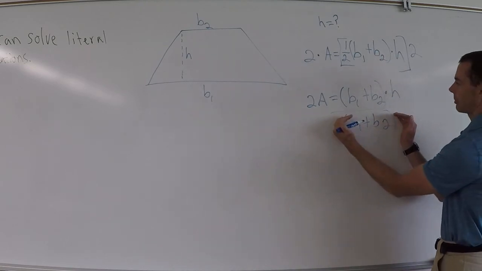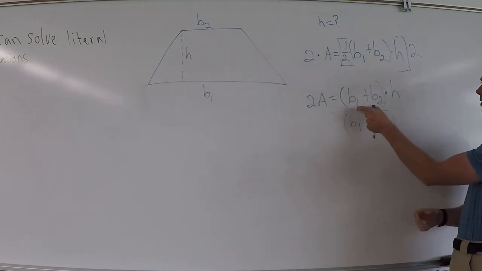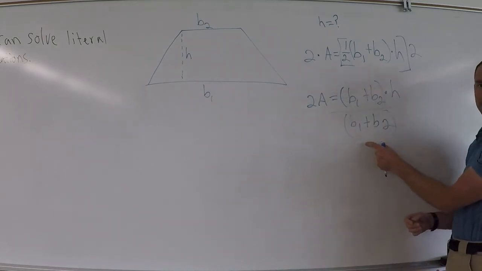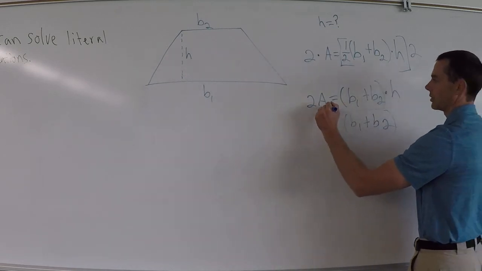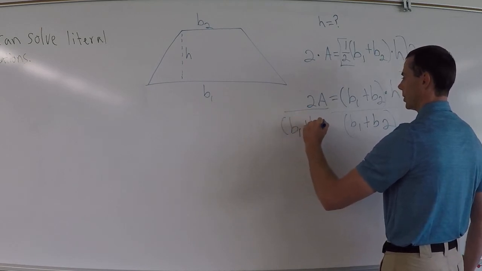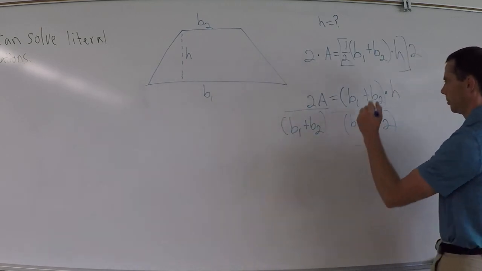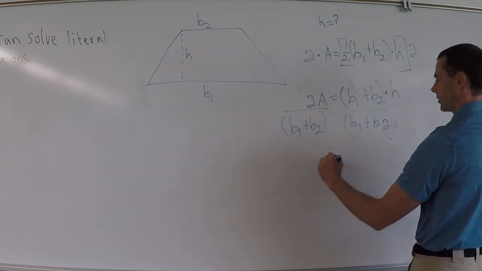We have everything in the parentheses that we're dividing out. So if we had numbers here and we were to put them together and divide by itself, it just becomes a 1. But again, this is an equation. We have to do the same thing to this side. b1 plus b2 over b1 plus b2, that just becomes a 1. And so that leaves me with h.